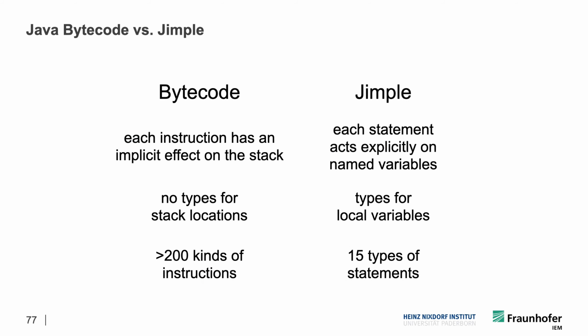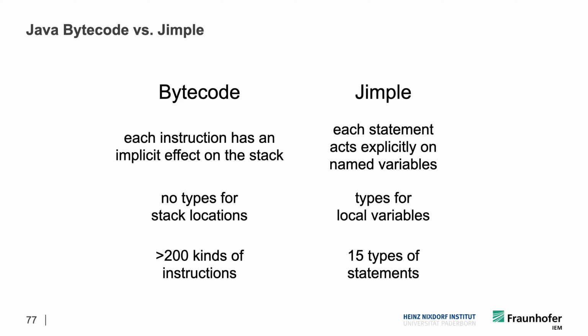So to summarize that again, in bytecode, each instruction has an implicit effect on the stack, whereas in Jimple code, each statement acts explicitly on named variables. In bytecode, you have no types for stack locations, and in Android bytecode, you wouldn't even have types for certain constants.